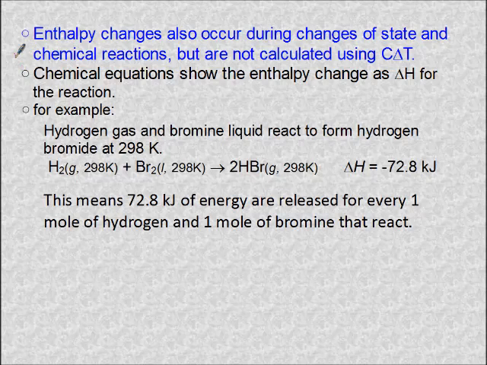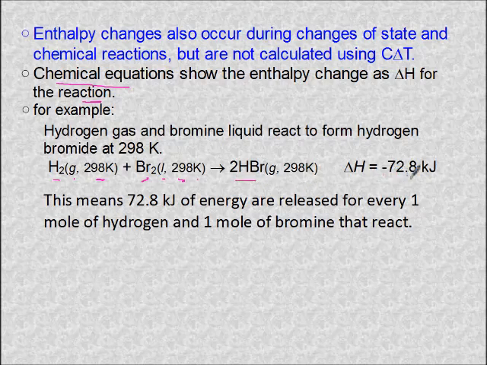Chemical reactions also have energy changes associated with them. Those are usually given. Somebody at some point has done a lot of experiments and figured out what the energy change for 1 mole of substance is. So I can use chemical equations to show the enthalpy change for a reaction. So if I have hydrogen gas, H2 with G for gas, at 298 K, plus bromine, Br2, a liquid, at 298 K, and it goes to 2 HBr.